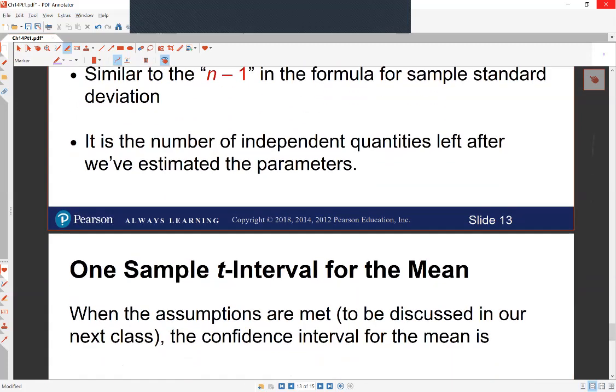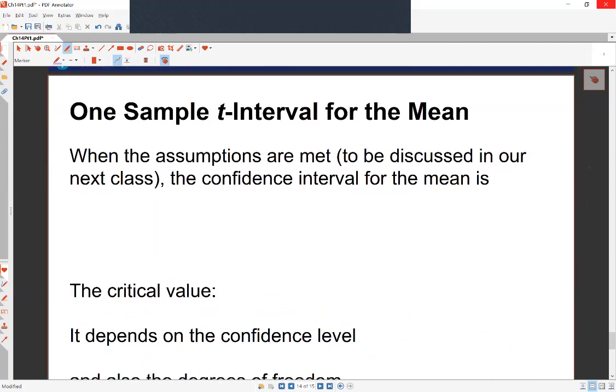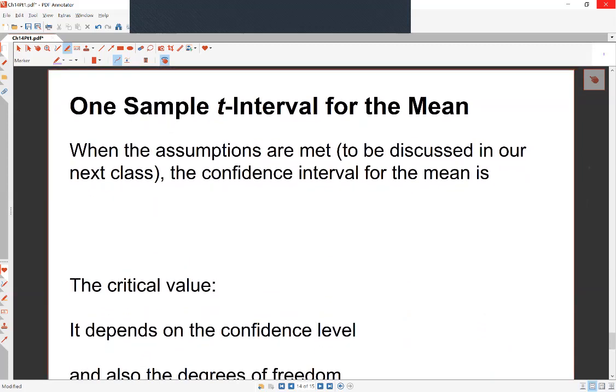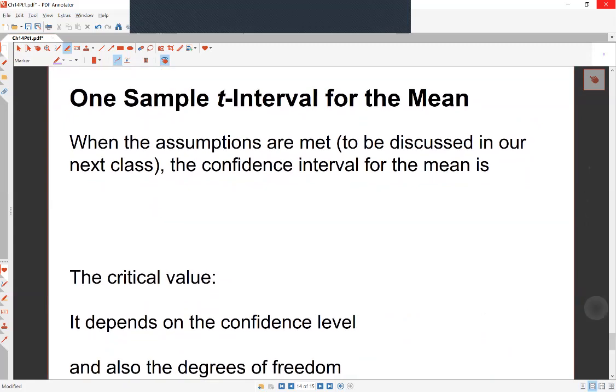Now, you will calculate your degrees of freedom, and that gives you a way of again constructing a confidence interval. But the last time we talked about confidence intervals, we were doing them for a sample proportion. Now we're going to construct a confidence interval for a population mean.